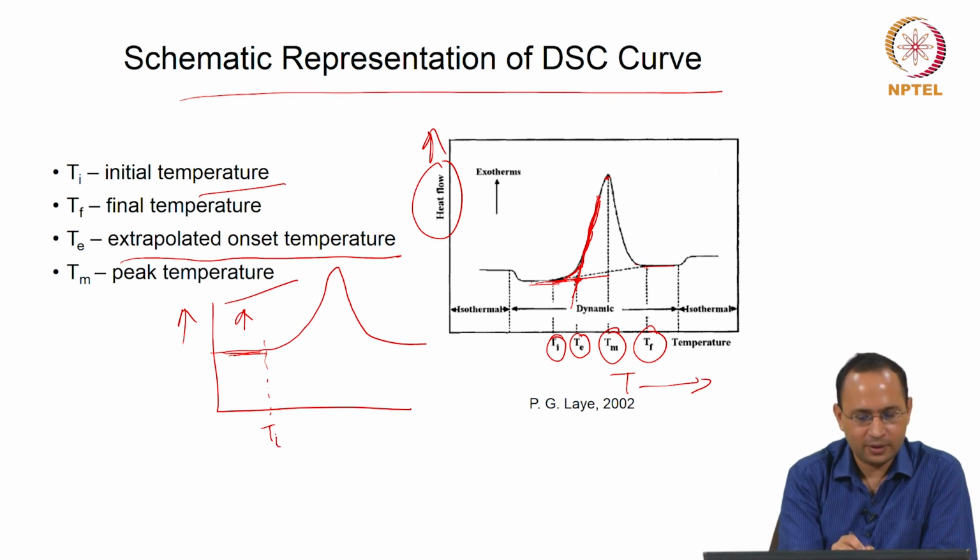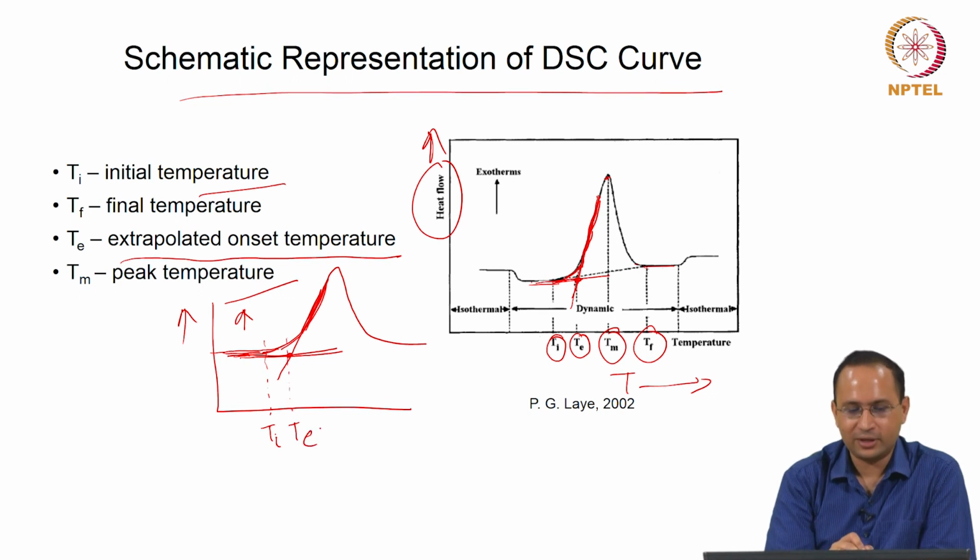Now you are in this linear regime, assume this is a linear part. Now you can draw a tangent here, and it will intersect at some point. So that can be taken as the extrapolated onset temperature. Your onset temperature is Ti, but this is extrapolated.